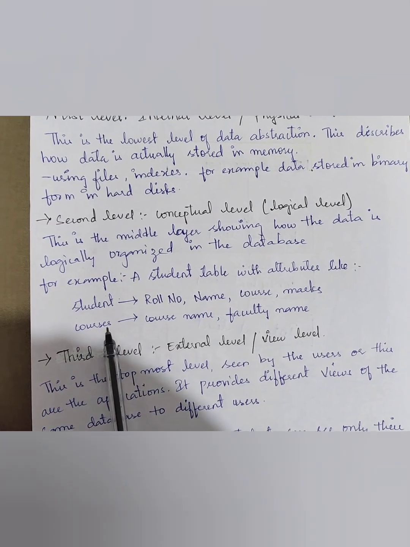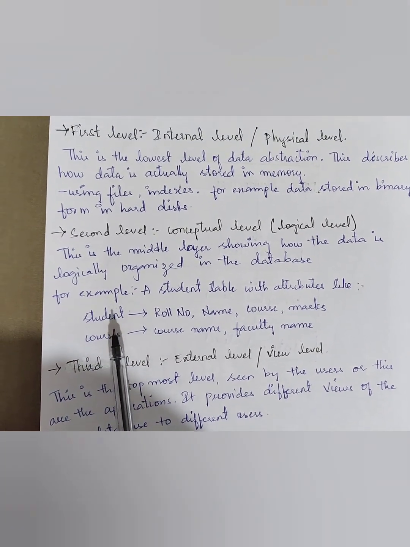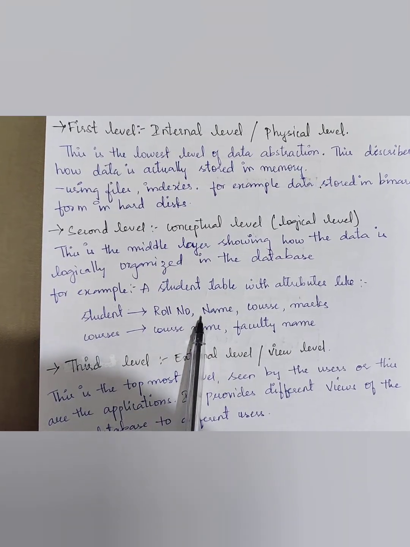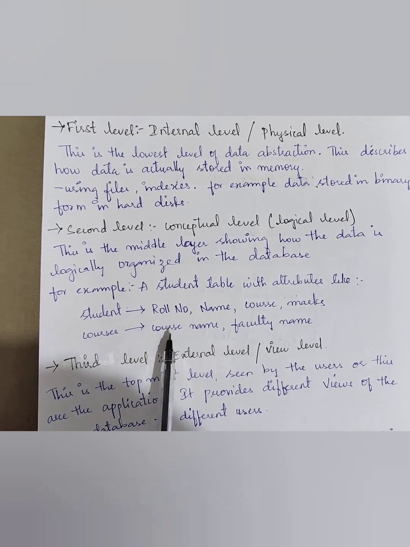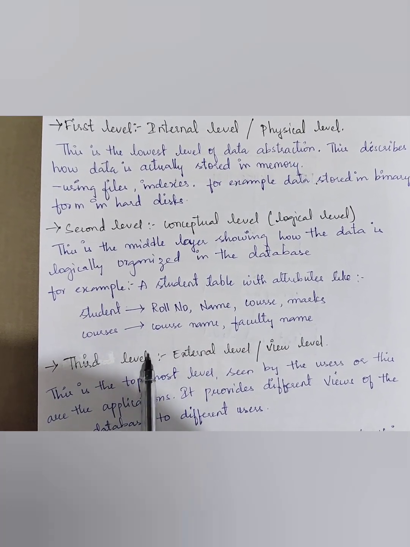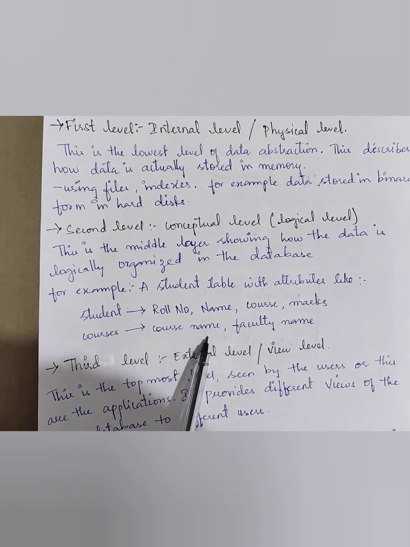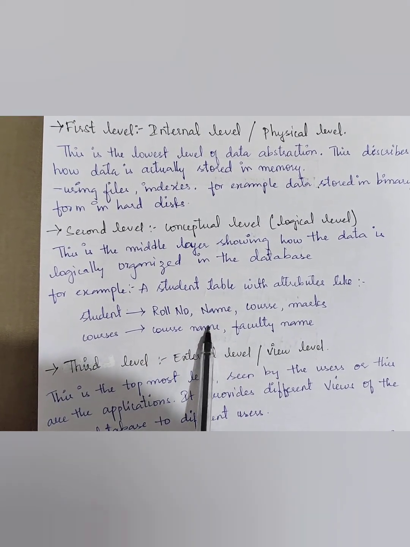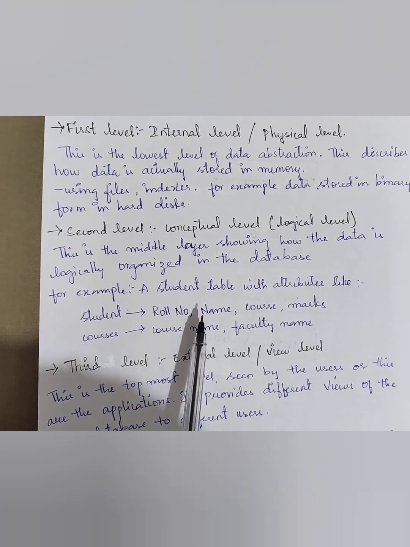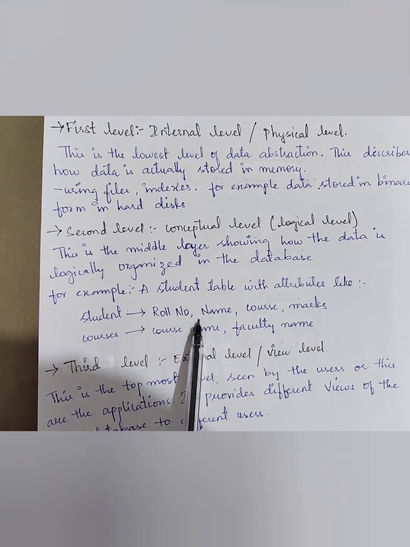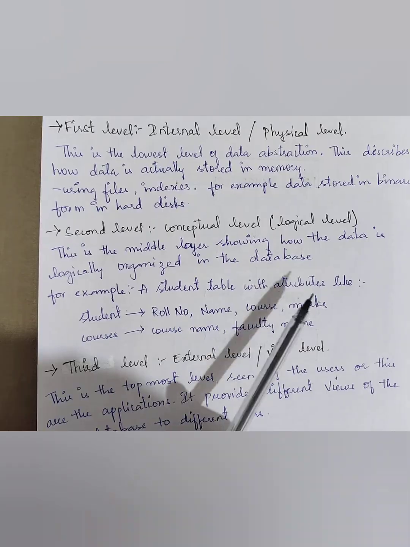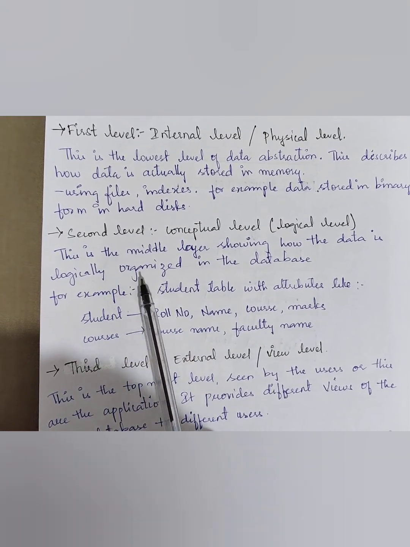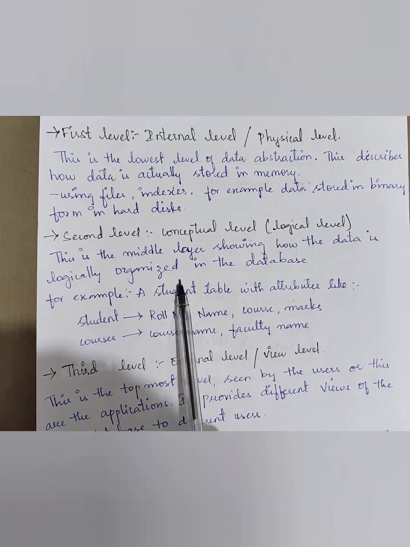We have different courses like MBA programs, degree programs, intermediate programs. We are aware of different courses, right? So the course name, the course faculty, all the data which is being stored comes under the conceptual level, which says how the data is organized in a database.